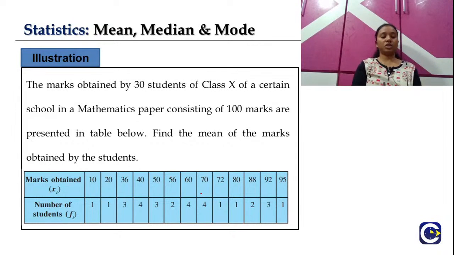Read the question carefully first. Identify in which category it will be falling, and then pick the corresponding formula.